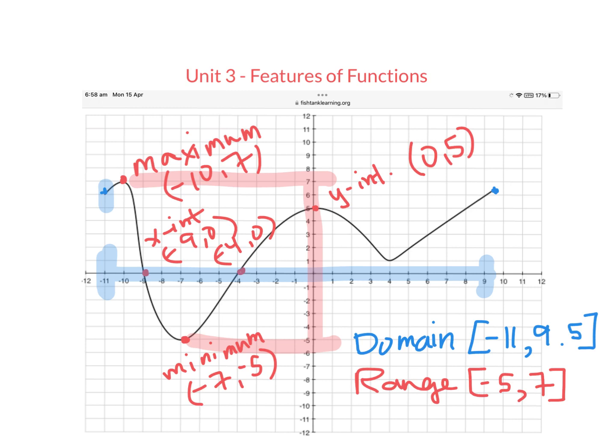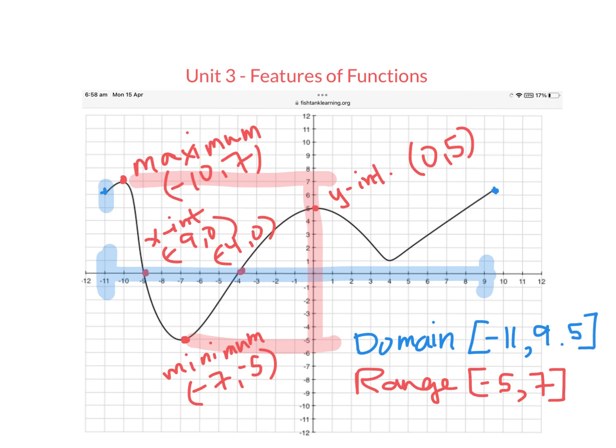Because it's going up forever. Our domain would also be affected, right? And next to an infinity symbol, you would put a parentheses. So just bear in mind that your domain and range don't always end and start at a specific number. It could go on forever, right or up, that's positive infinity, or left and down, which is negative infinity.